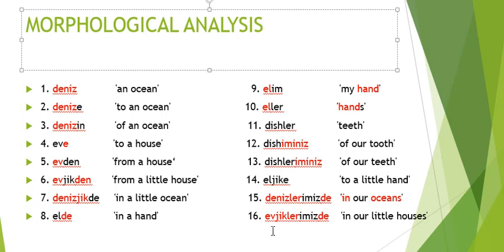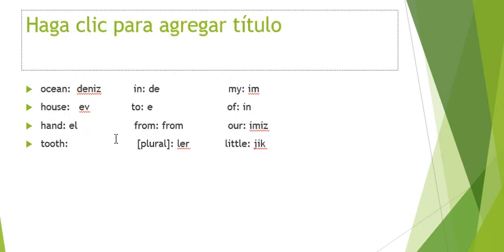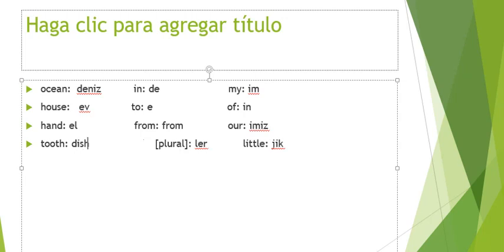Okay, so that means that dish in Turkish is tooth. Dish is tooth. Okay, tooth is dish.